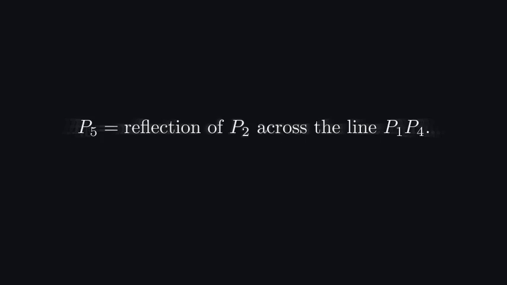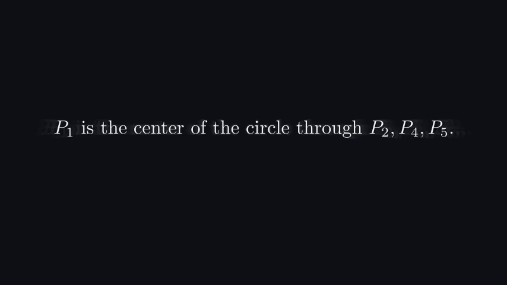P5 equals the reflection of P2 across the line P1P4. P5 equals (-1, 0). P1 is the center of the circle through P2, P4, P5.